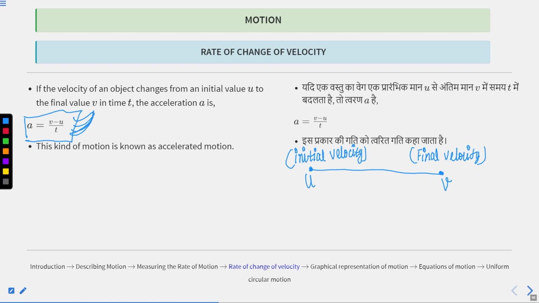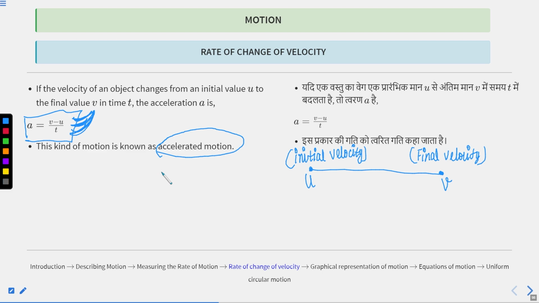Dear class, this is known as acceleration, and the type of motion where acceleration happens is known as accelerated motion.